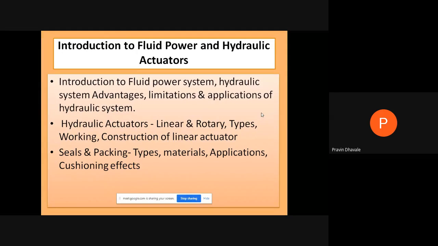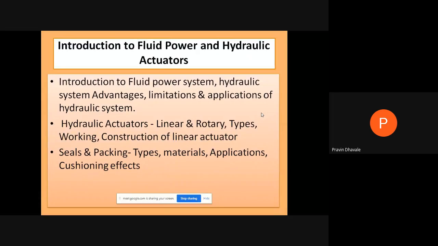Then we see the different types of hydraulic actuators. Actuators are the end parts or end devices of any kind of fluid system. It may be a hydraulic system or it may be a pneumatic system. The basic function of all kinds of actuators is to convert hydraulic energy of a fluid into mechanical energy, and that mechanical energy is in the form of reciprocating energy or rotary energy.